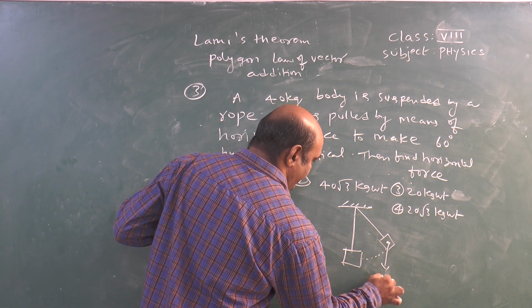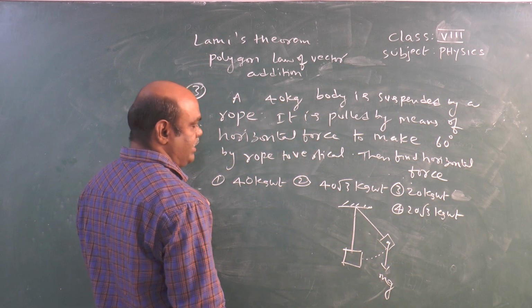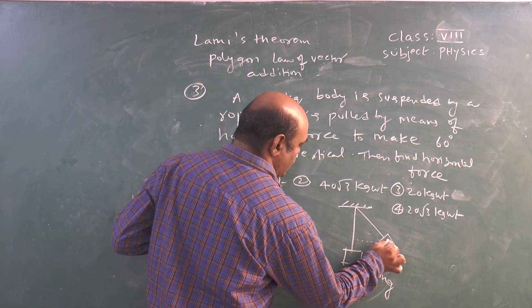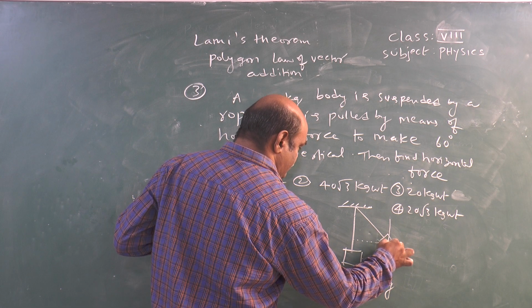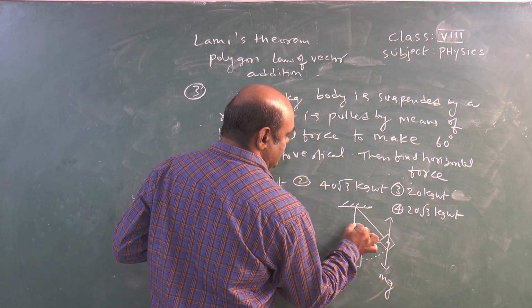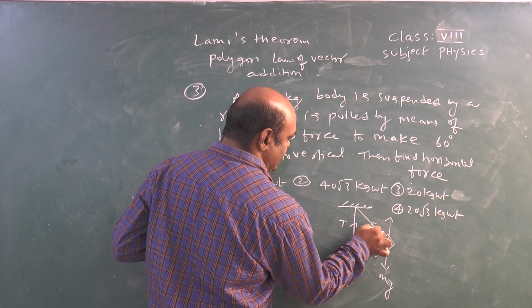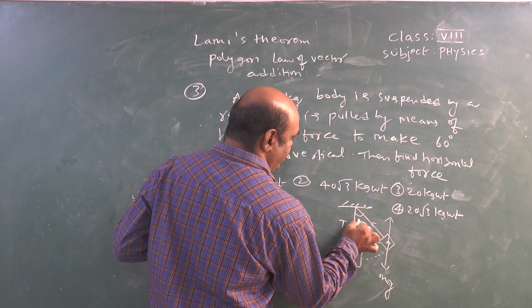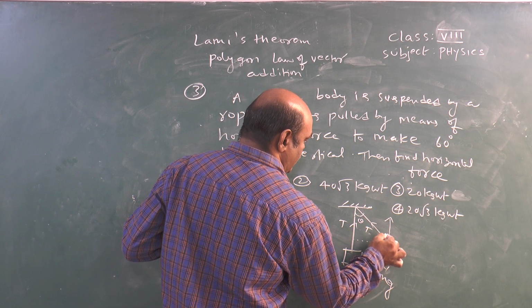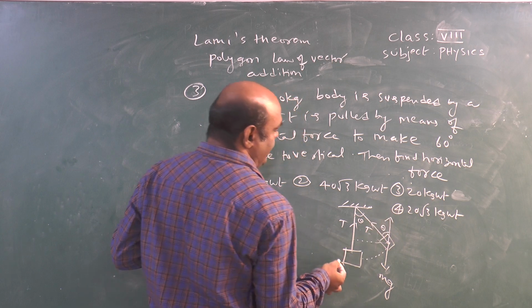The weight of the body, mg, acts vertically downwards, and in this one this is the tension developed, T, here also tension T. If it is theta angle, now it is also theta angle.